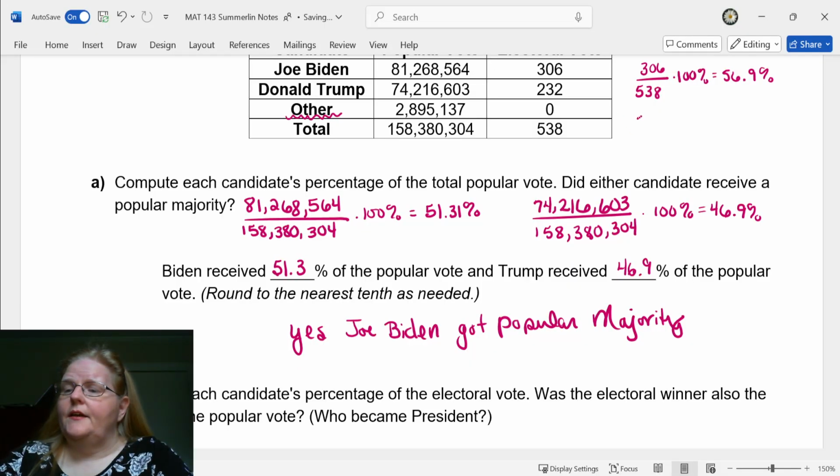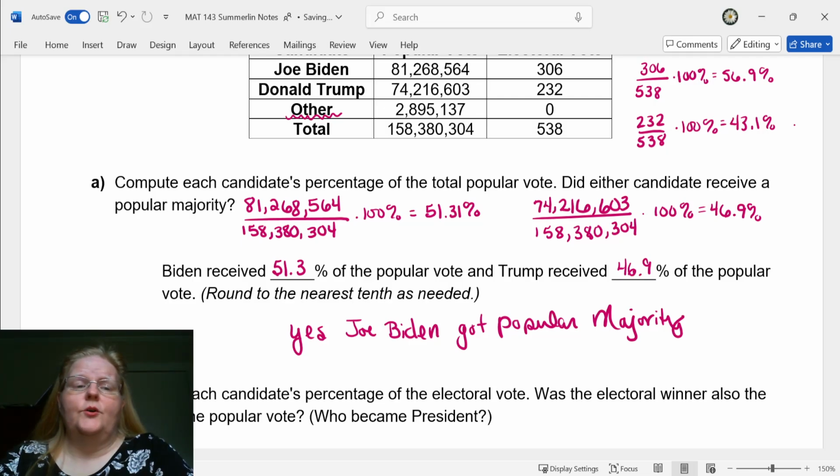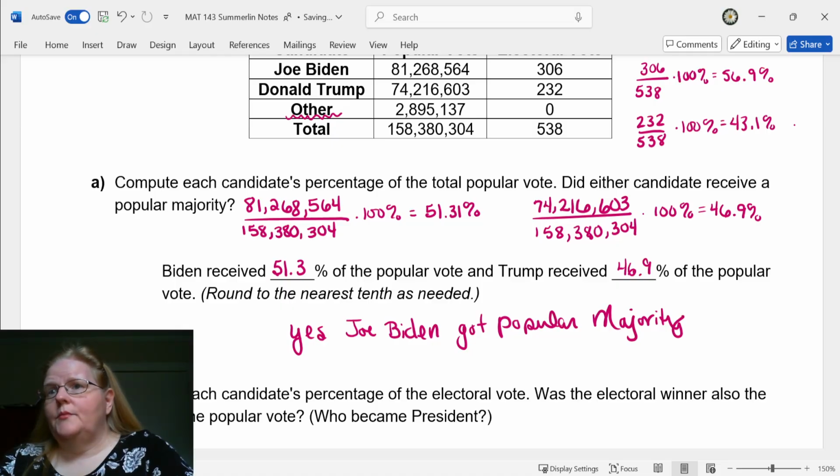And then I take the 232, put it on top of the 538 times the 100%, and that's going to give me 43.1%. And then they want to know who became president. Biden became president because he got more votes.